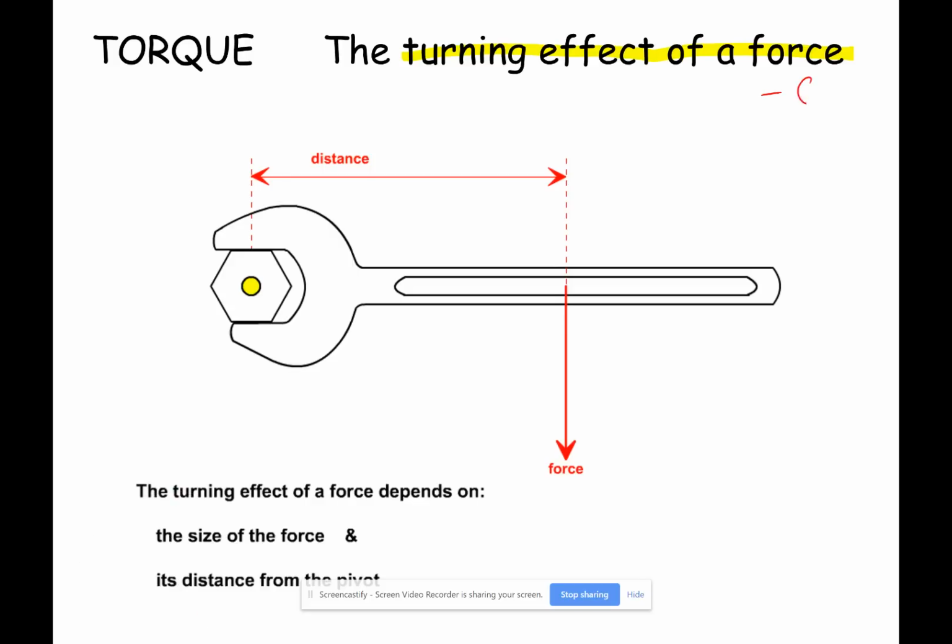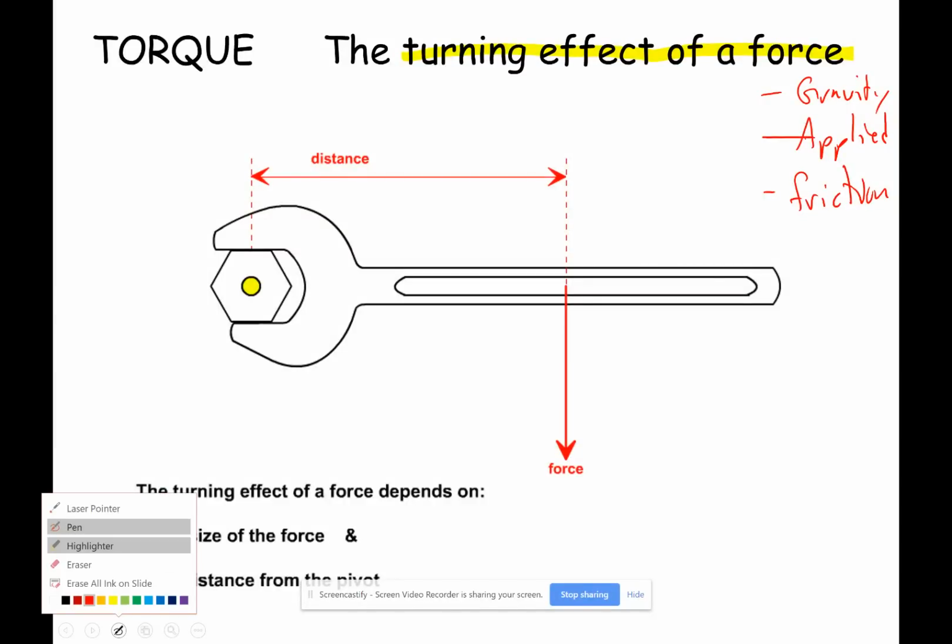It could be the force of gravity, force applied, force of friction, force of a spring, force of tension, any type of force, anytime. It's just a force. It's the force that causes an object to rotate or turn.